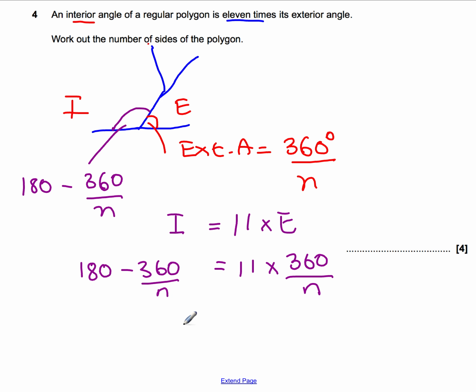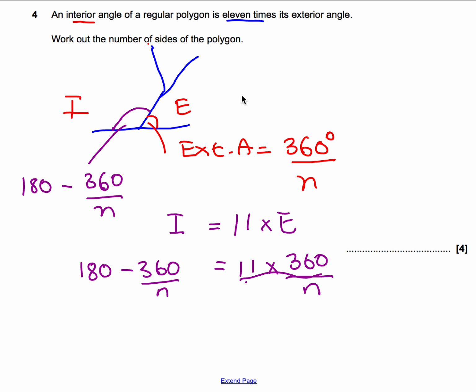So I realise that 180, 360 and this 360 all have a common factor. They can all be divided by 180. Now remember, a whole number, if it times by a fraction, will only times by the numerator, so I'm going to extend my line.